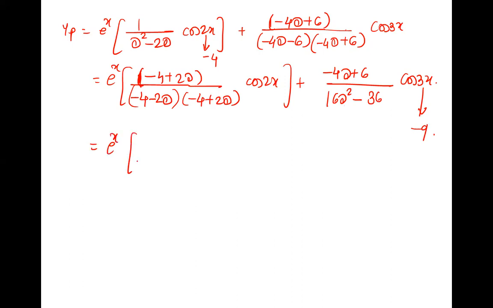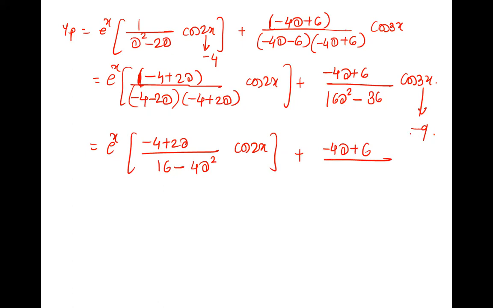हे थोडं simplify करा, minus 4 plus 2D upon, what is that? 16 minus 4D square. Yes, a square 16 minus b square, that is 2D square, that is 4D square on cos 2x. Plus, here it is minus 4D plus 6 upon, here D square is replaced by minus 9. 16 into minus 9 minus 36 cos 3x. Yes, and here D square is replaced by -4. Very good, beta.